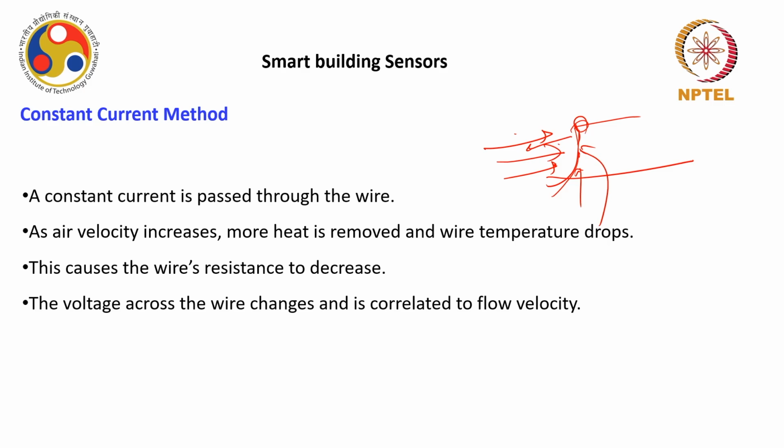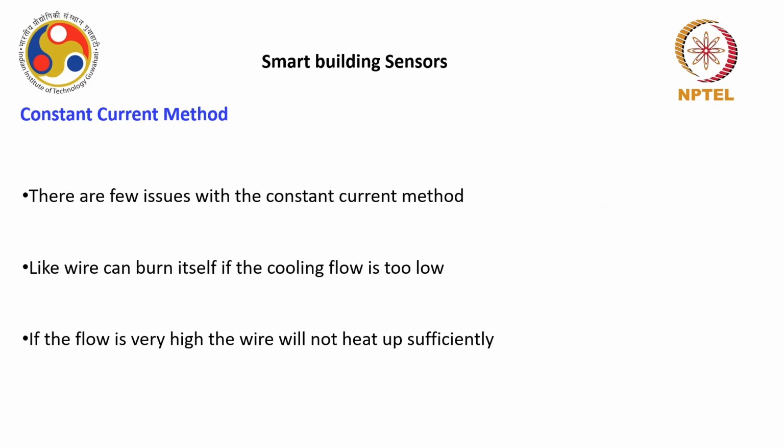The method is pretty simple. However, there are certain issues with it: the wire can burn itself if the cooling flow is too low, or if the flow is very high, the wire will not heat up to the level from which data can be extracted. So in both cases there are issues.